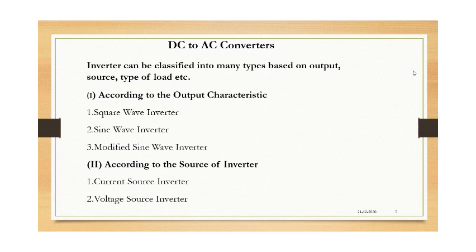In order to get a sine wave, we have to use filter circuits, because at the output, if you are smoothening this square wave, which has harmonic components, to remove these harmonic components you have to go for filters. When you remove these harmonics, you will get a smooth curve, which ends up as a sine wave, right? So these filters you are using should be capable of handling large power.